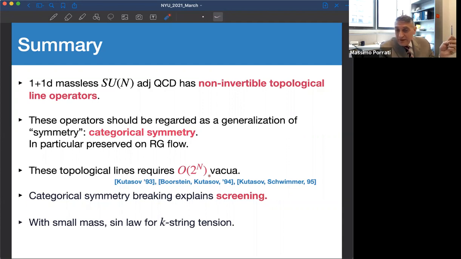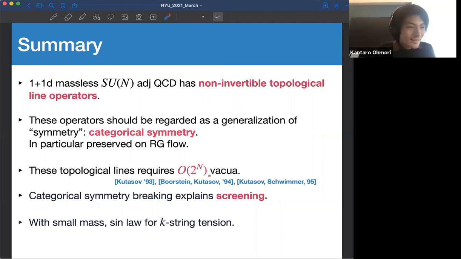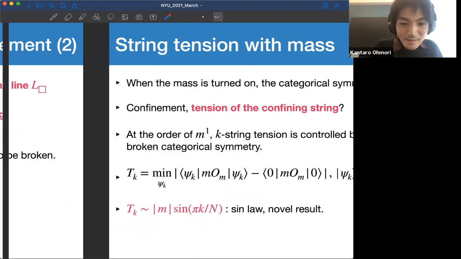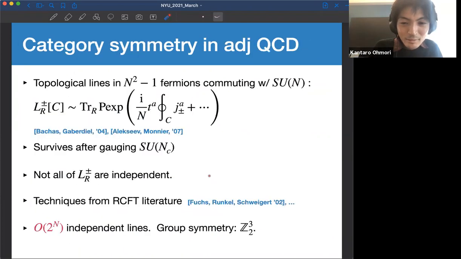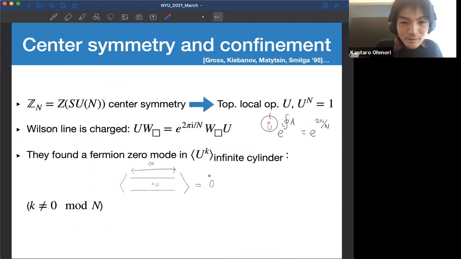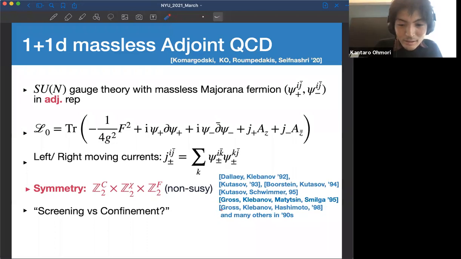Because when you send N to infinity, you have 2 to the N. It's supposed to be solvable, and there is a famous paper by Gross, Hashimoto, Klebanov, I think, doing some numerics in large N.